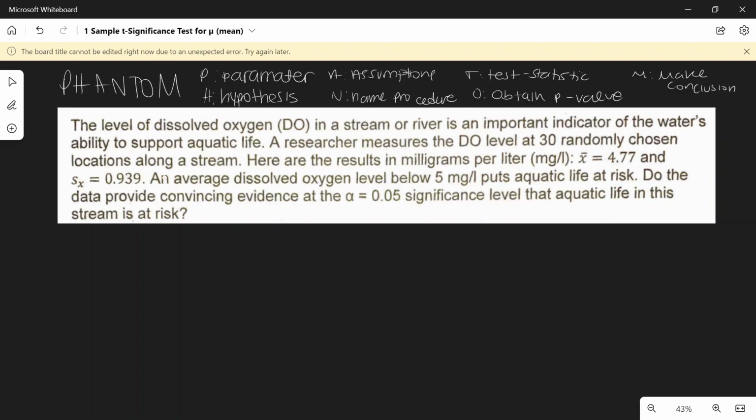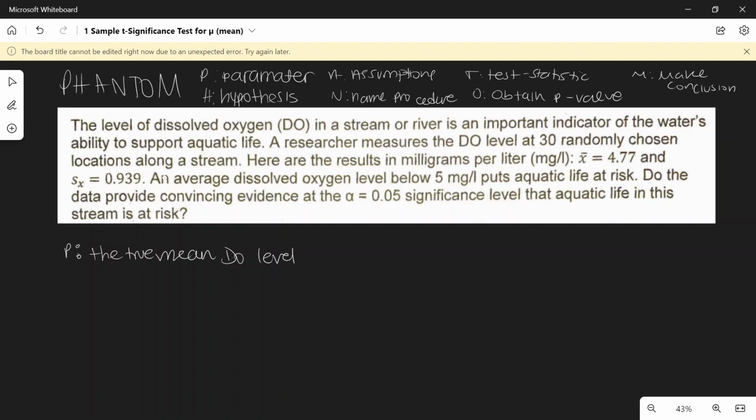You can pause and read the problem and then come back. Alright, so P is our parameter. It's basically what we're trying to figure out, and what we're trying to figure out is the true mean DO level, I believe dissolved oxygen level.